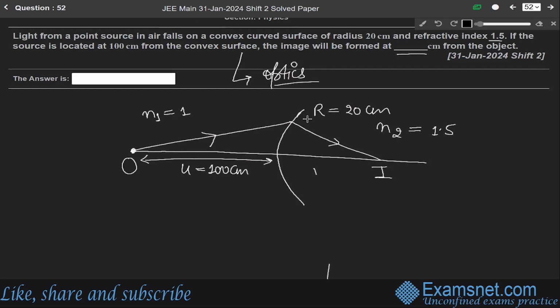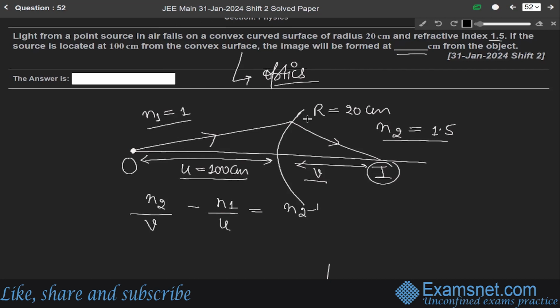Let us say this is V. So we have to find the distance of this image from this object O. Now we know that if we are given two refractive indices, the object distance and image distance, the formula is N2 over V minus N1 over U equals N2 minus N1 over the radius R.